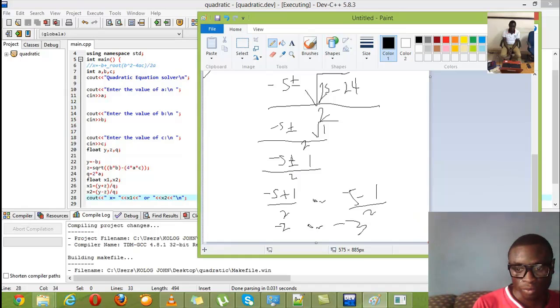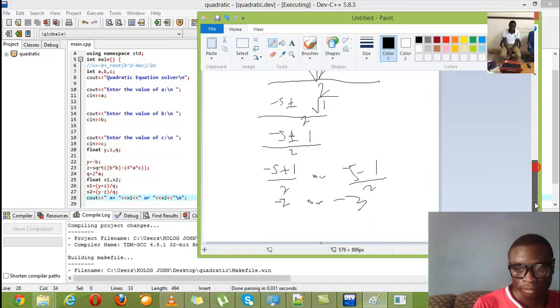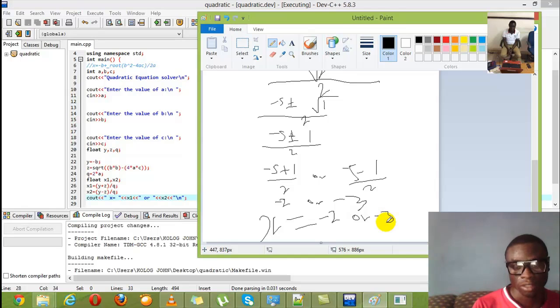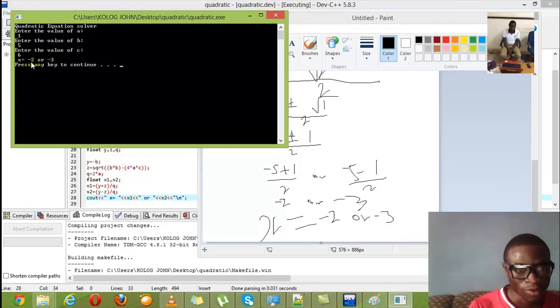So we can comfortably say x is either equal to minus 2 or minus 3, and that is what our program gave us, minus 2 or minus 3.